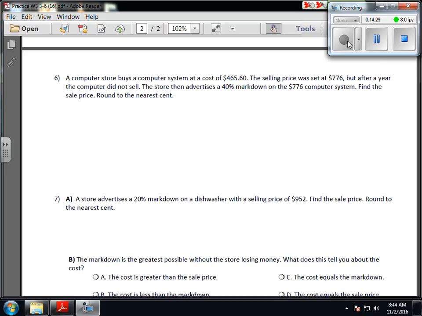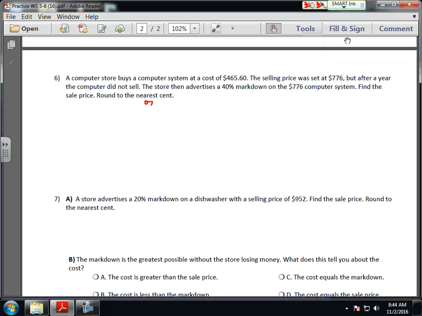Find the sale price, round to the nearest cent. Right, so we want to do percent of increase or decrease.